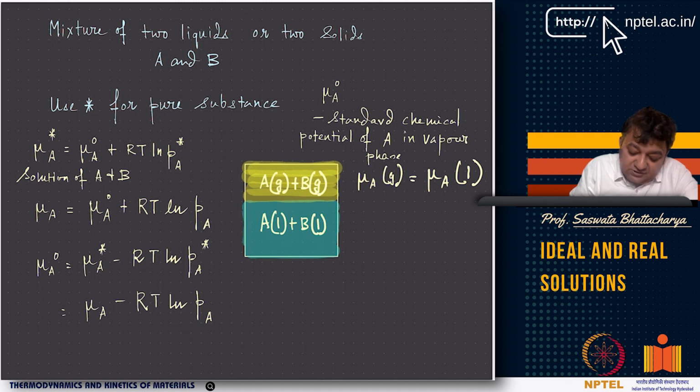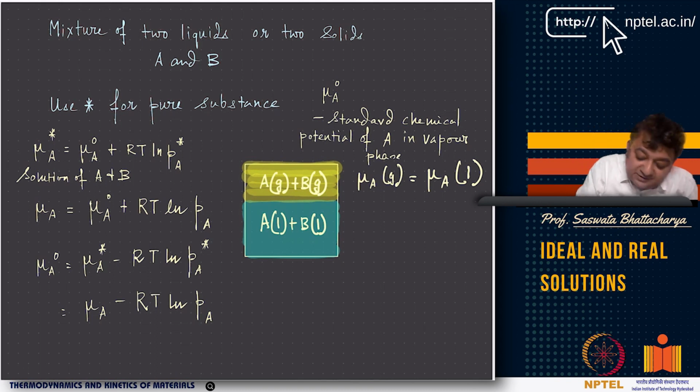And for the solution of A and B, again mu A equals mu A 0. See, now this is what we are trying to distinguish. Star is for a pure substance, but A 0 is some standard state, where this standard state can be some very small amount of B, or whichever we want. So mu A 0 is a standard state. Mu A star is that of the pure substance.